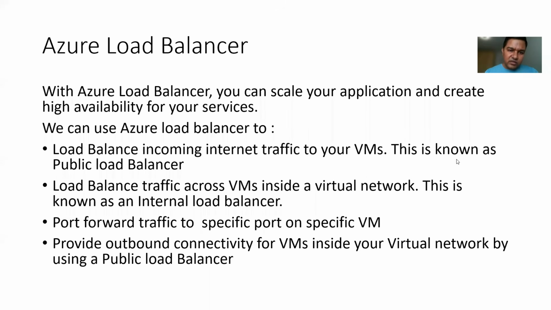The load balancer can decide which server will be best suited for better performance. So any incoming internet traffic it tries to balance, that is the task of the public load balancer.